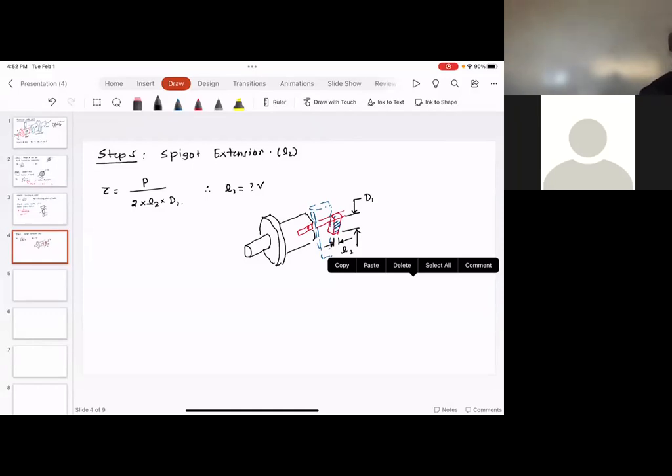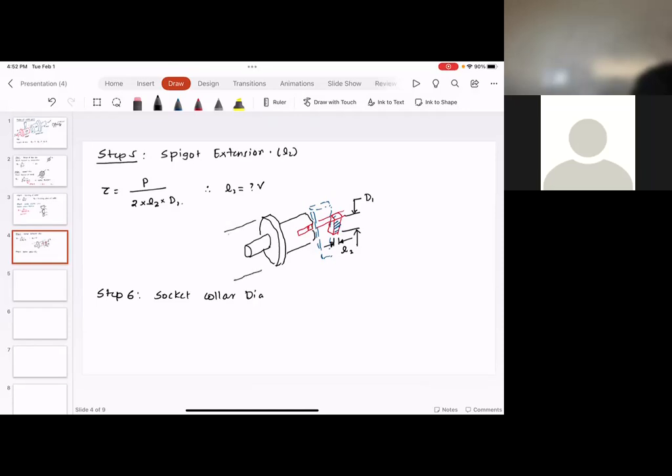Any questions here? Next step. We want to find out the socket collar dia. So socket collar dia is this.